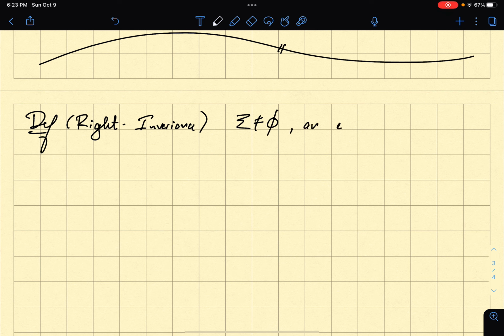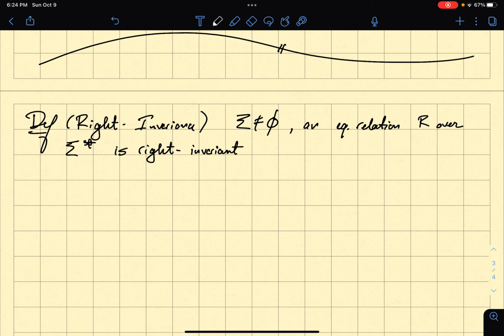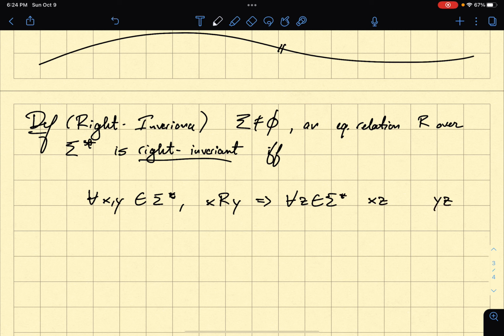Then we say that an equivalence relation R over the set of all strings, right, so sigma star, is right invariant if, and only if, of course, because this is a definition, for every pair of strings x and y, if this pair of strings is related, then any other string z that you stick to x and you stick to y will also be related, right? So that's why we say it's right invariant.